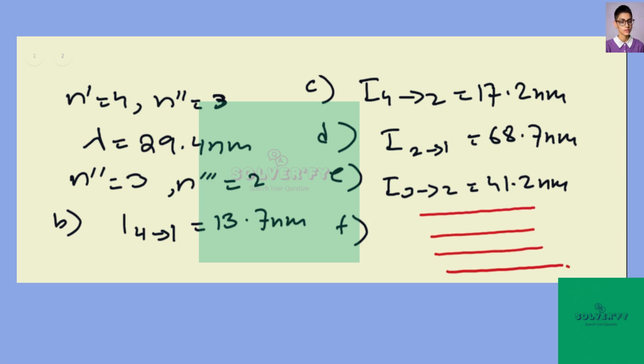Transition from here to here, from here to here, from here to here, and then let me use another color here, from here to here, from here to here, from here to here, and then from here to here.